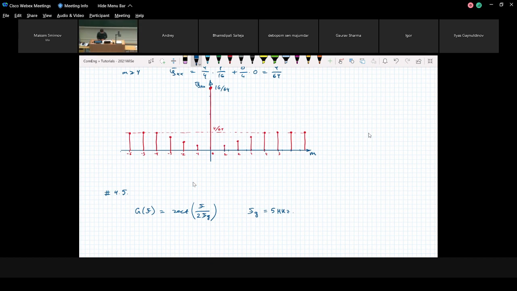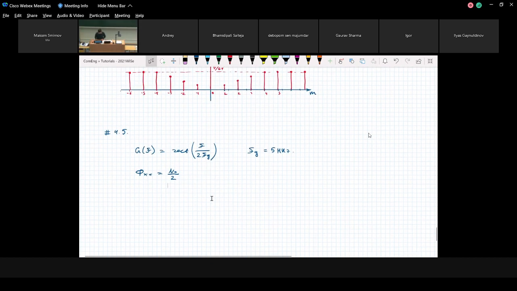And we assume that the power spectrum density is N0 over 2.